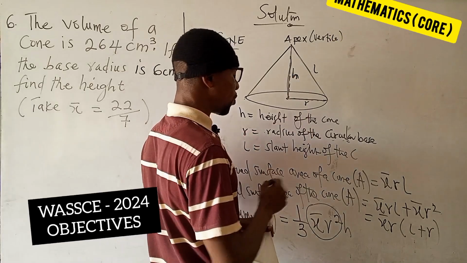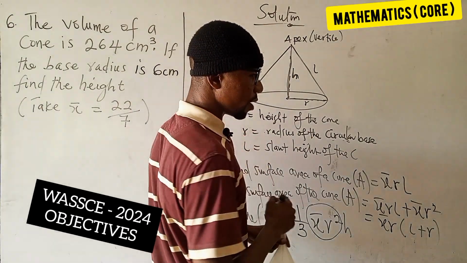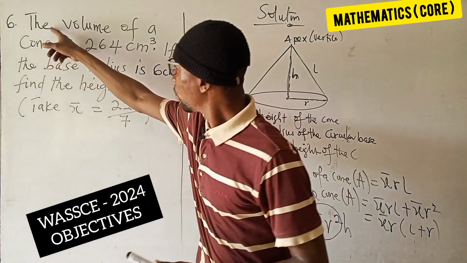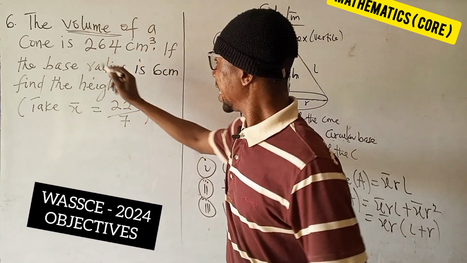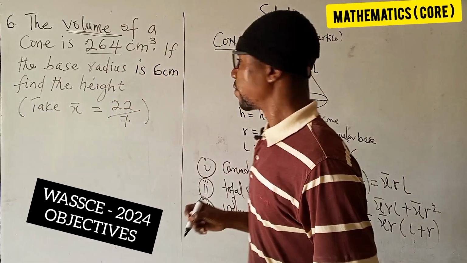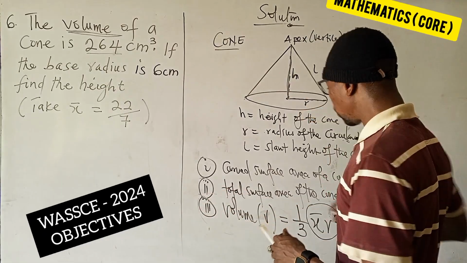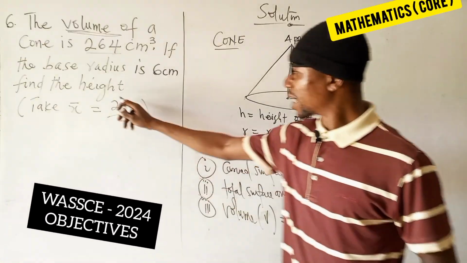One third of that gives you the volume of the cone. Here, the volume of the cone is 264 cubic centimeters, so we pick the volume formula to work out the height that has been asked in the question.